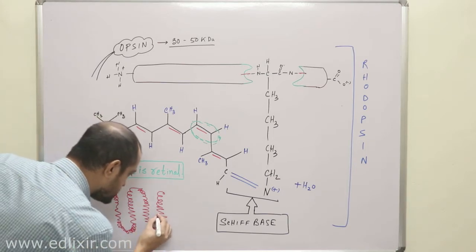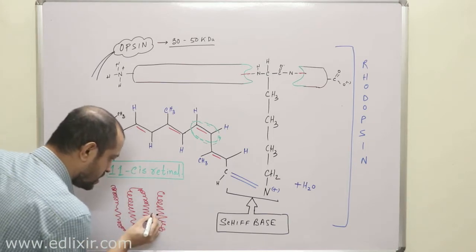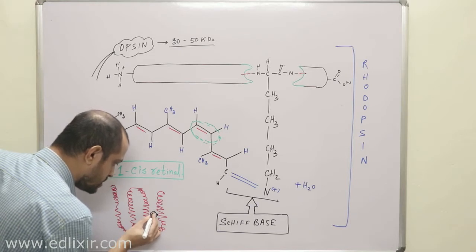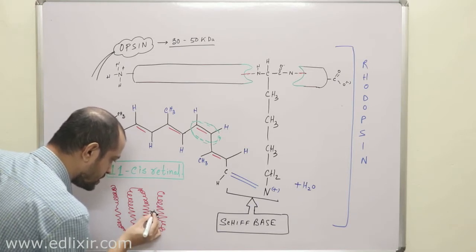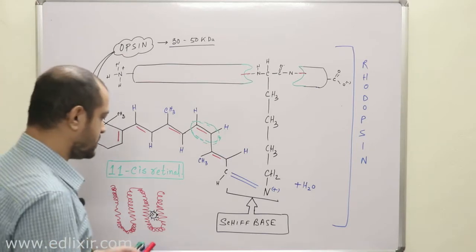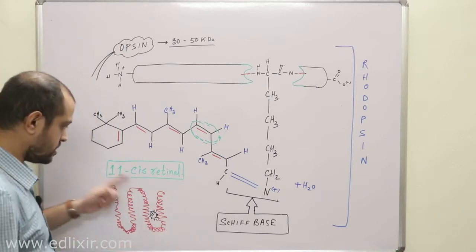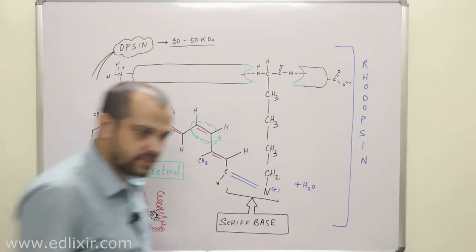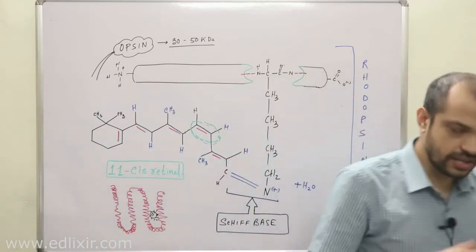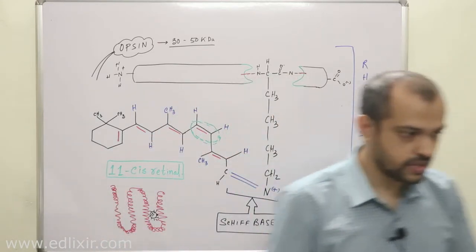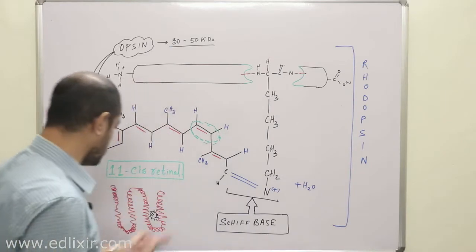Now listen, suppose this is lysine 296. Now 11-cis retinal is lying here. Clear? It is trapped in the opsin molecule.